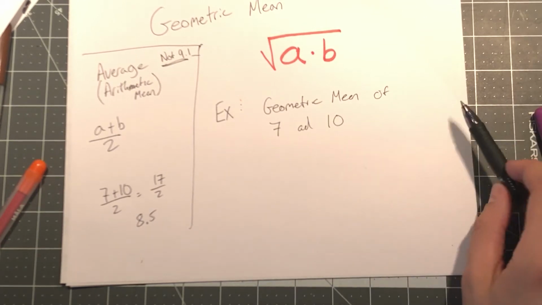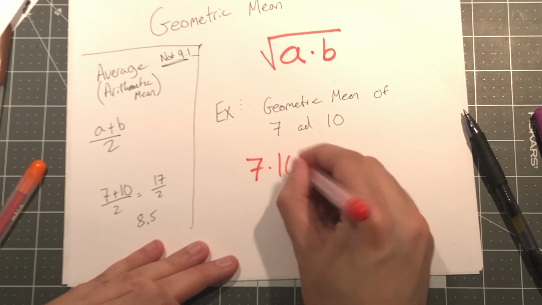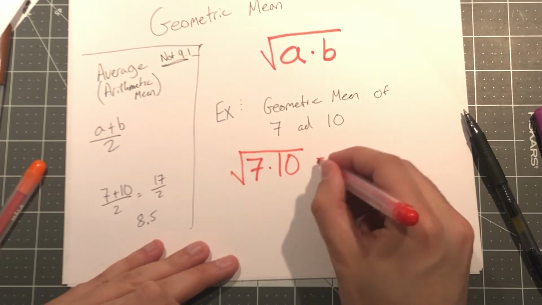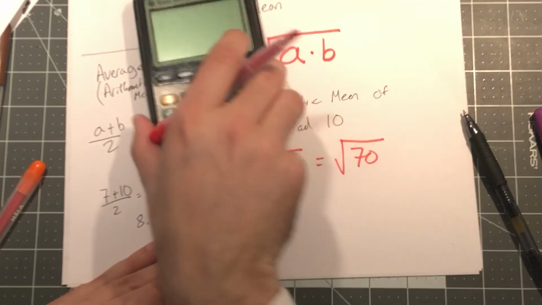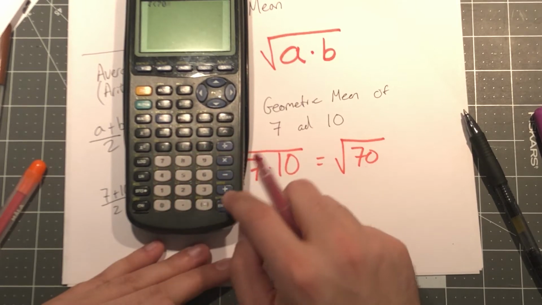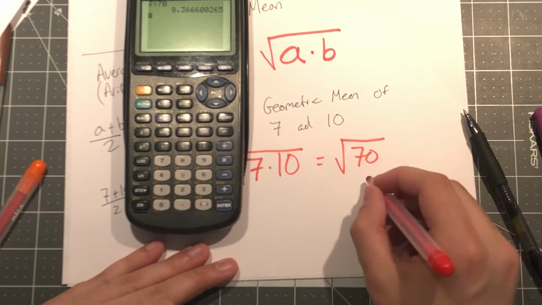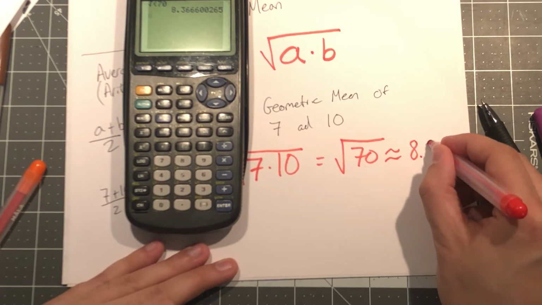But the geometric mean of 7 and 10 is going to be 7 times 10 square rooted. So the square root of 70, and that's approximately 8.36.